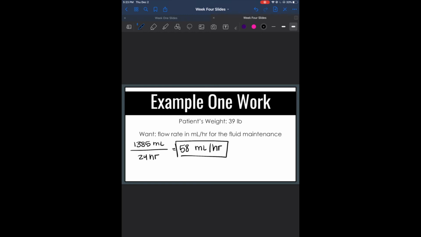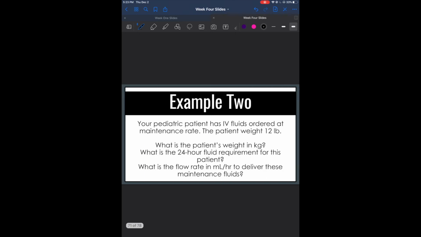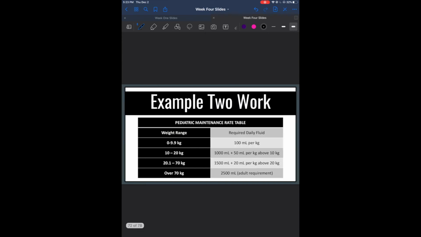And then looking at our next problem here, this child also has IV maintenance fluids ordered, but they weigh 12 pounds. So we're going to figure out the same thing. There's our table again.